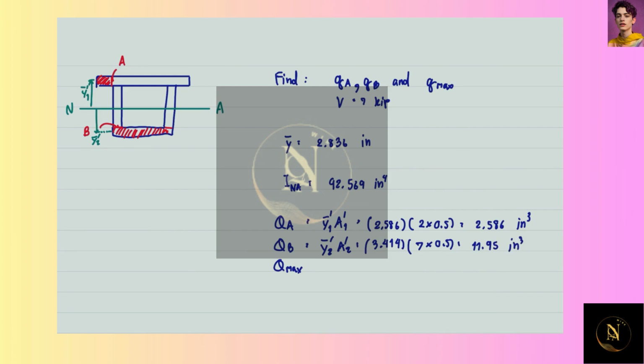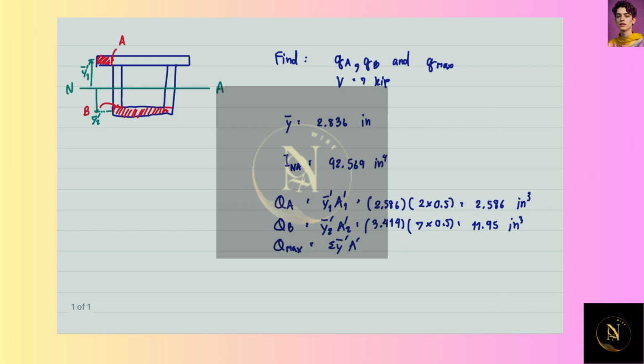cubic inches. Now for the Qmax, we can find it from the sum of y bar times A, which is these two green areas and the red area here.